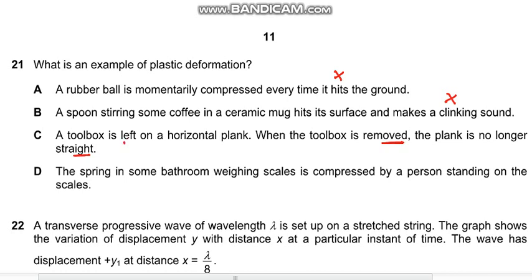So that means that there has been a permanent extension. Whenever a permanent extension is seen, that is an example of plastic deformation. C seems to be the appropriate answer. D is the spring in some bathroom weighing scale is compressed by a person standing on the scale. No, it will return. So that's not the correct answer. C is the appropriate answer.